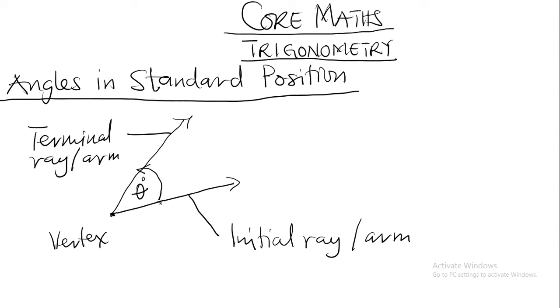This will be a positive angle. So the starting ray is the initial ray, the ending ray is called the terminal ray, and the point of intersection is the vertex.